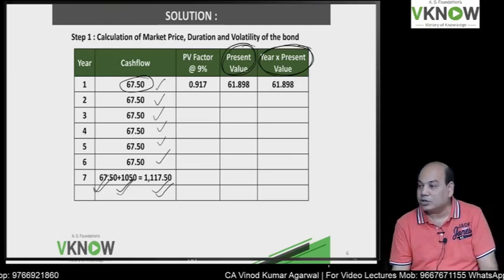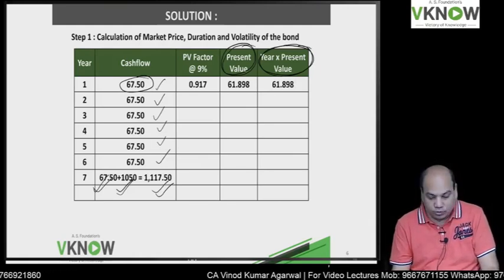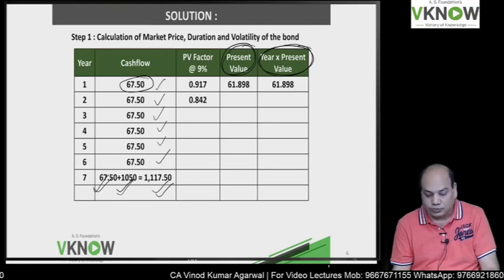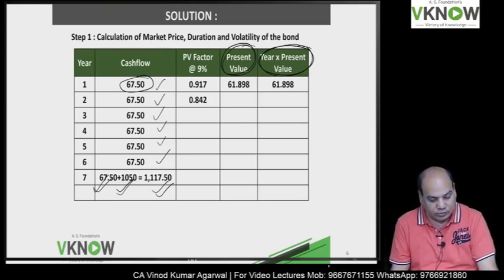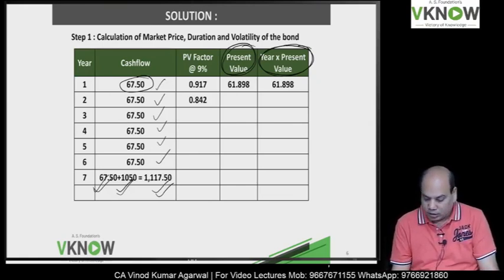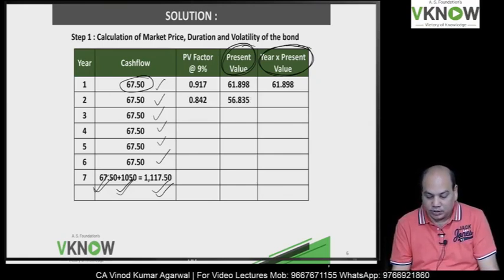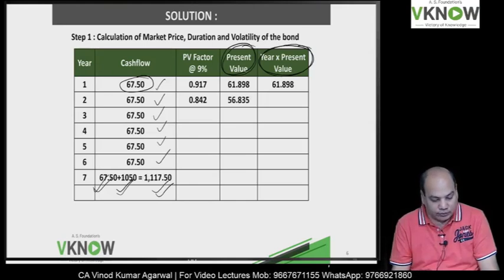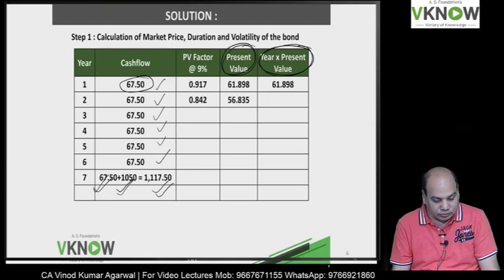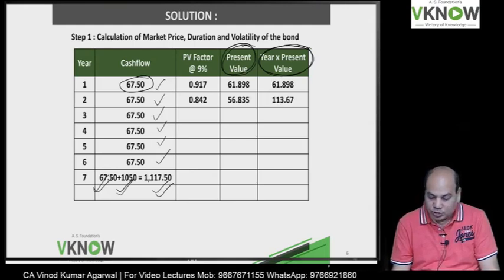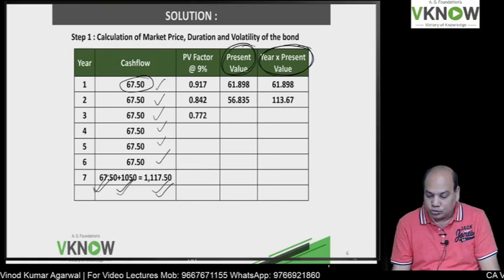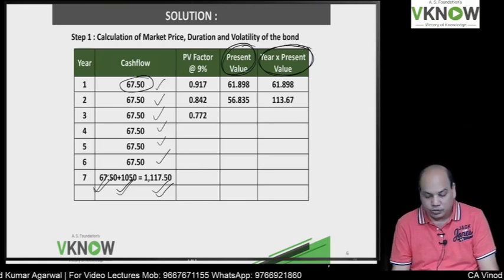Factor is printed in the question book. So in the question you will see the factors. Just copy the factor from there, 0.842 for second year, and multiply by 67.50. Very good, Akshay. 56.835 and multiply by 2, 113.67.